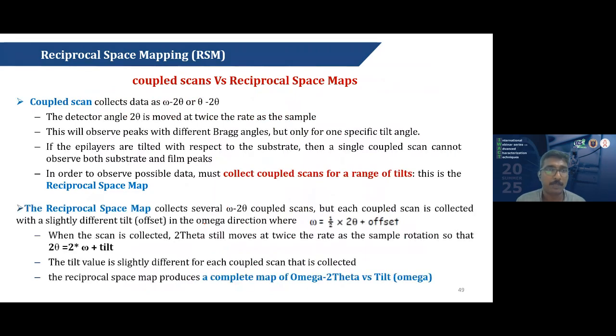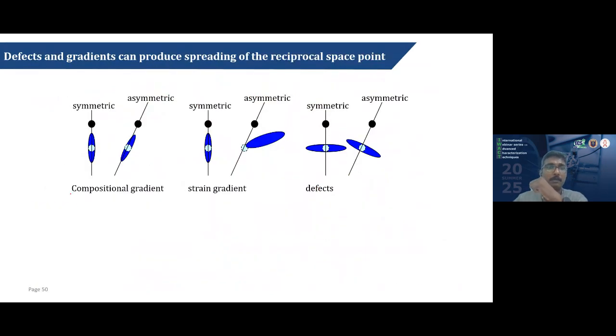Here, look at this figure. In the case of a composition gradient, the reciprocal lattice points will be elongated like this. By conducting a reciprocal space mapping, if the reciprocal lattice points are elongated in this way, we can conclude that there is a compositional gradient. If the reciprocal lattice points are shifted like this, we can conclude that there is a strain gradient in the thin films.